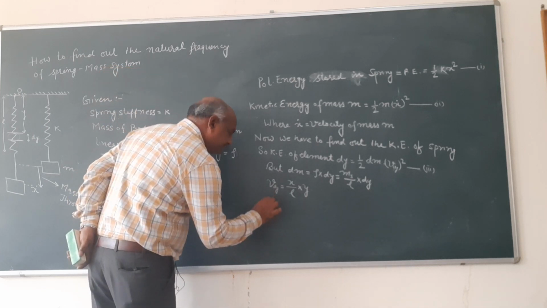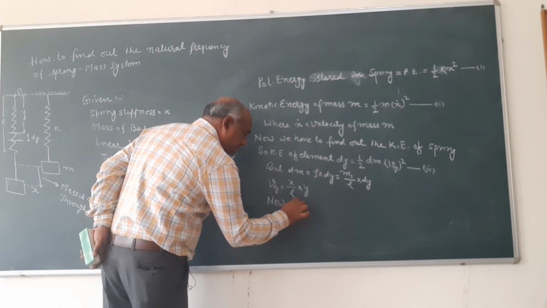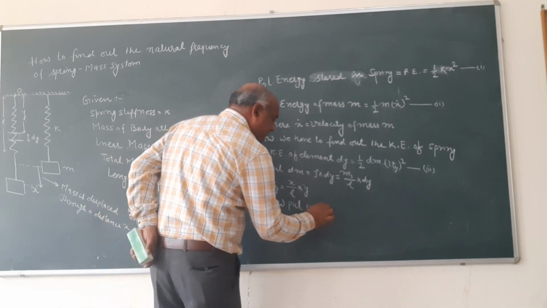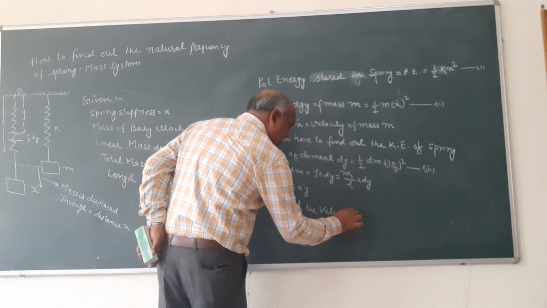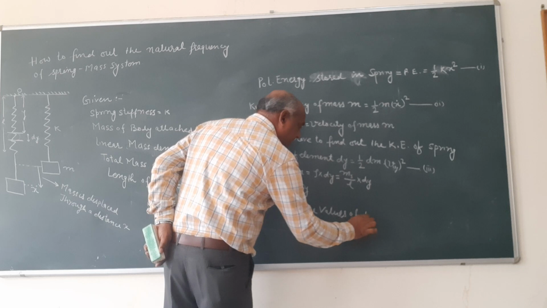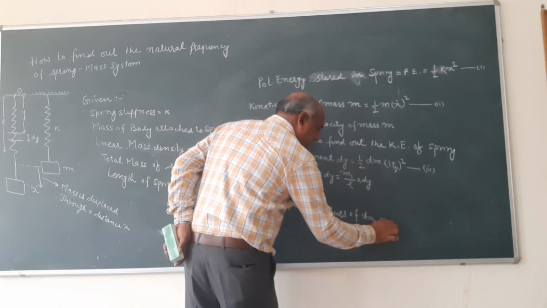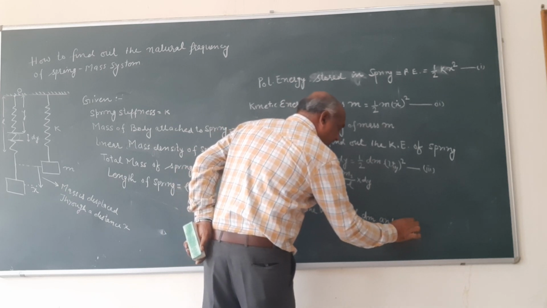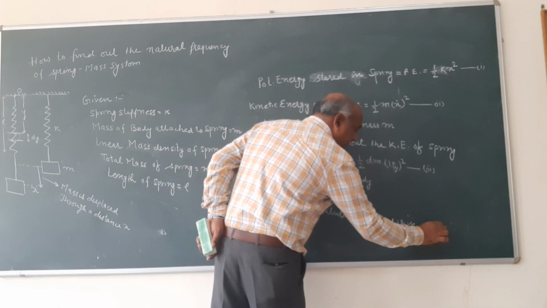Now put the values of dm and velocity in equation 3.